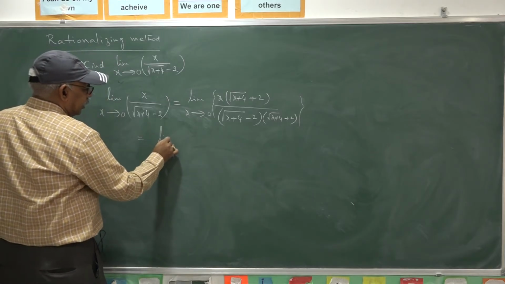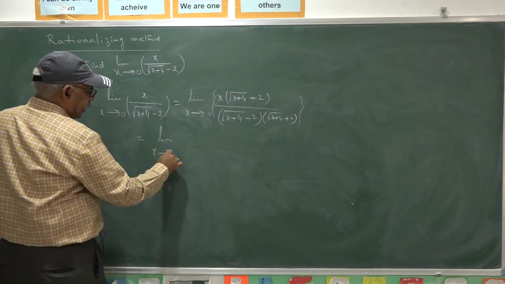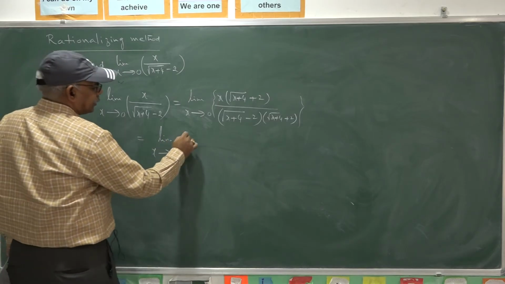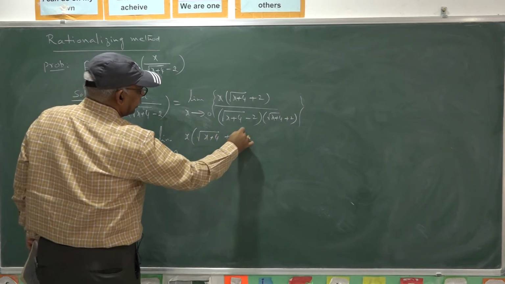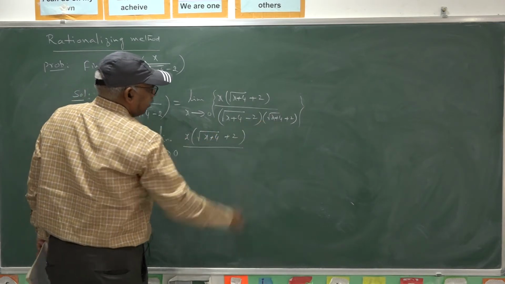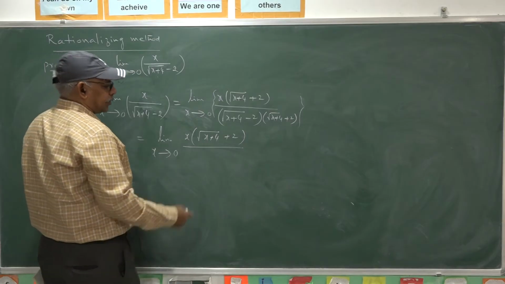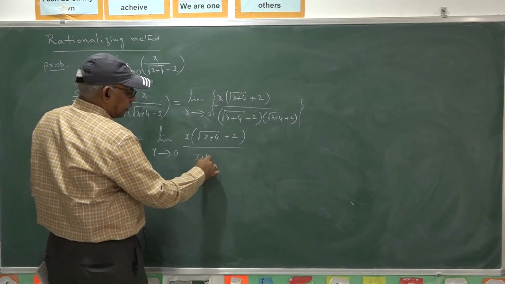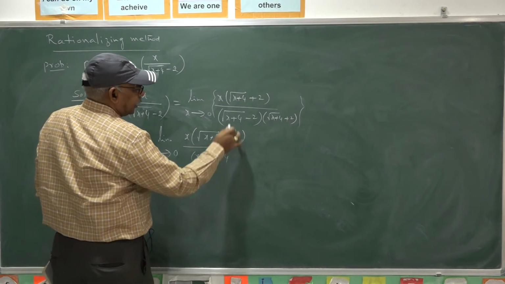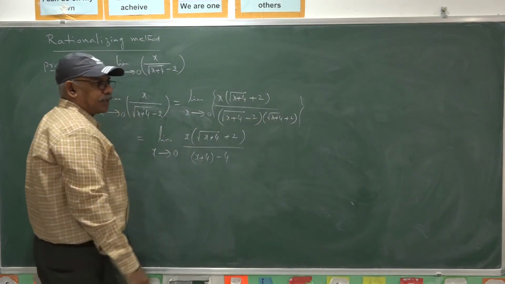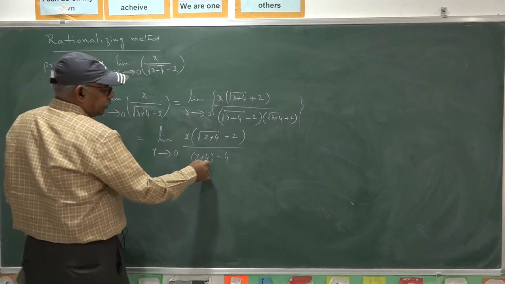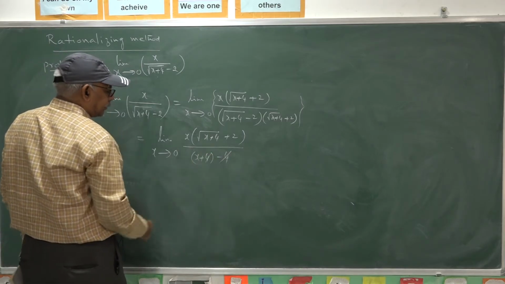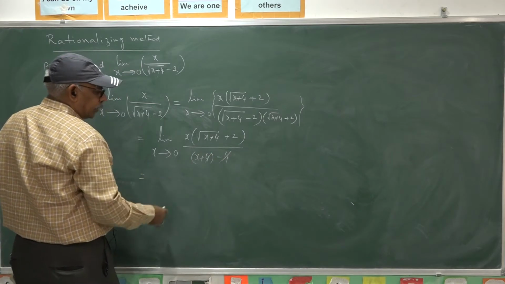So, this limit takes the form x into root x plus 4 plus 2 by, on multiplication of these two factors, x plus 4 minus 4, a minus b into a plus b, which is a square minus b square. So, the plus 4 and minus 4 cancel. In the denominator, we get only x.